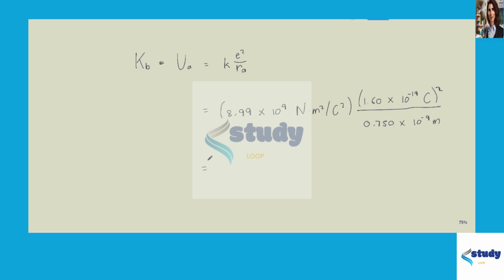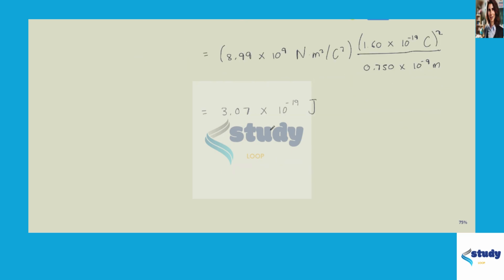Calculating, we get the final kinetic energy to be 3.07 times 10 to the minus 19 joules. So this is the maximum kinetic energy that the protons can have.